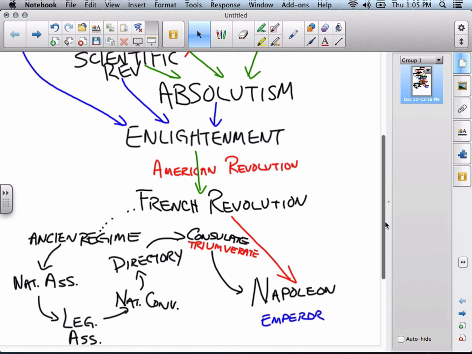Now you cannot say that the Enlightenment didn't affect Napoleon because he gives us public schools and more rights for women and newspapers and a whole new legal code. These are Enlightenment kinds of concepts. But who runs the country with absolute power? Napoleon does, for sure. So, should we put one more arrow up here?